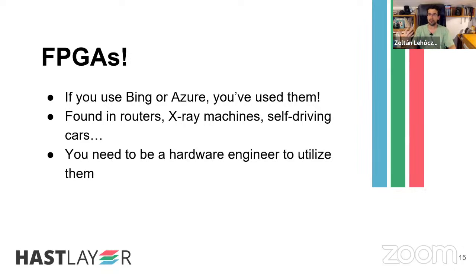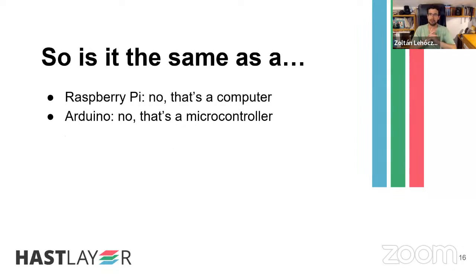And since we are talking about pretty much hardware design, you might think you need to be a hardware engineer to utilize FPGAs. Now, to alleviate some confusions you might have, FPGAs usually also have some kind of visible circuit board. They have nothing to do with something like a Raspberry Pi. Raspberries also usually have a visible circuit board, but they are small computers, nothing to do with FPGAs.